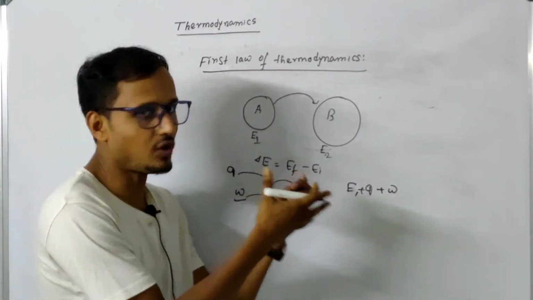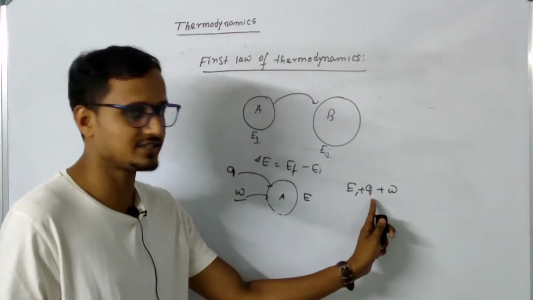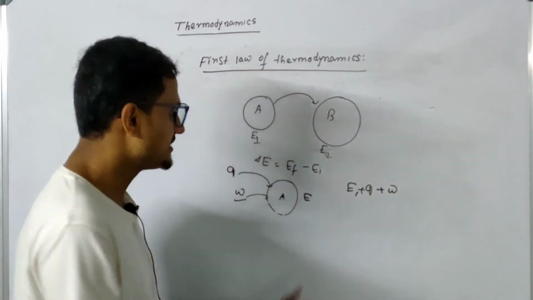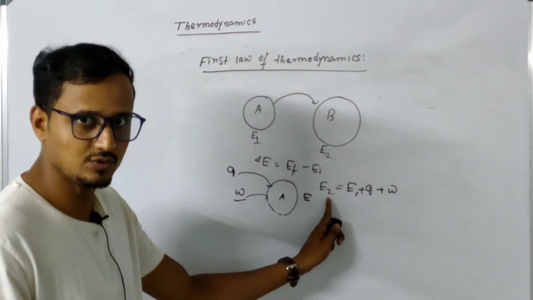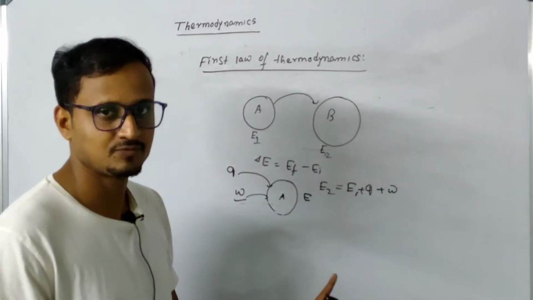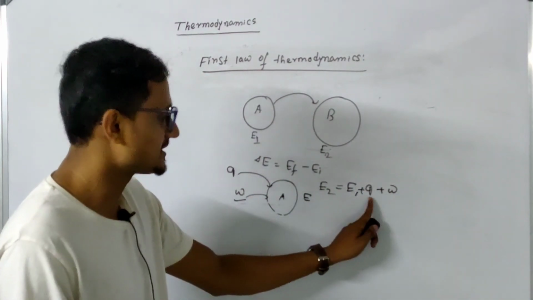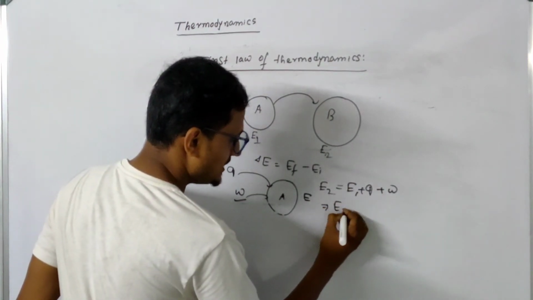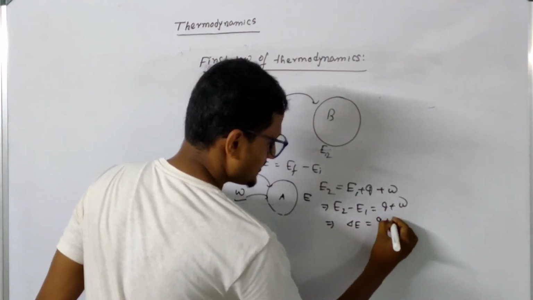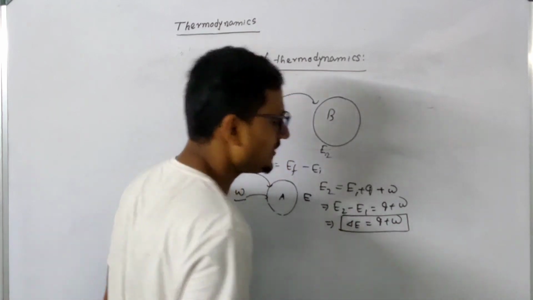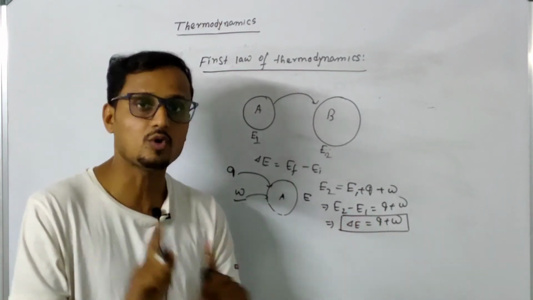After giving heat and doing work on the system, that is plus Q and plus W, the internal energy becomes E2, which is the sum of E1 plus Q plus W. Work is done on the system, so it is plus W, and heat is given to the system, so plus Q. Now we can write E2 minus E1 is equal to Q plus W. So delta E equals Q plus W. This is the mathematical relation of the first law of thermodynamics, where heat is given to the system and work is done on the system.